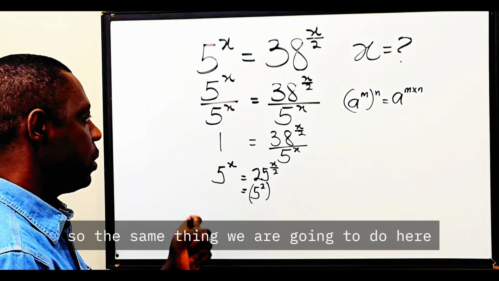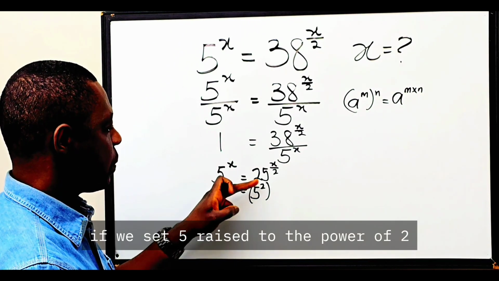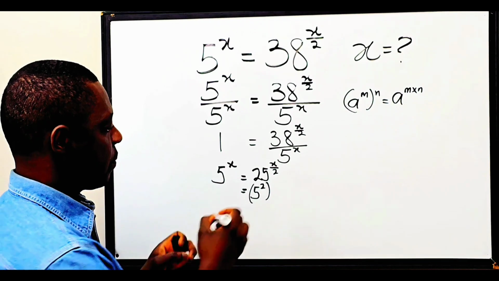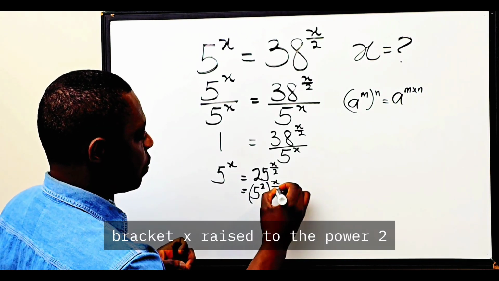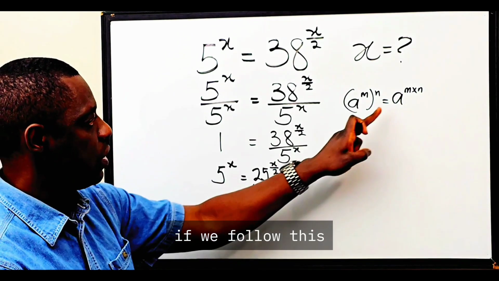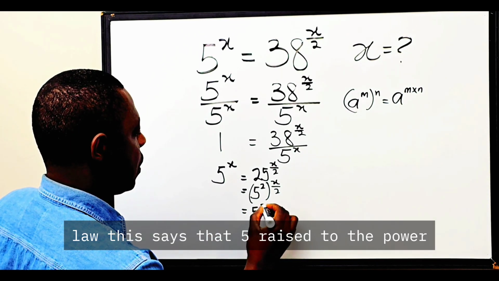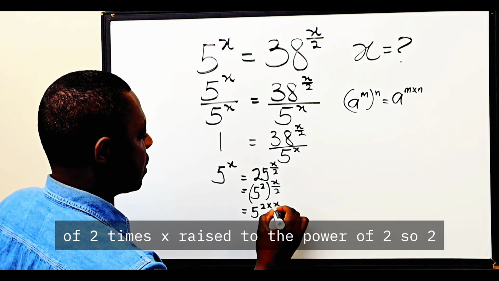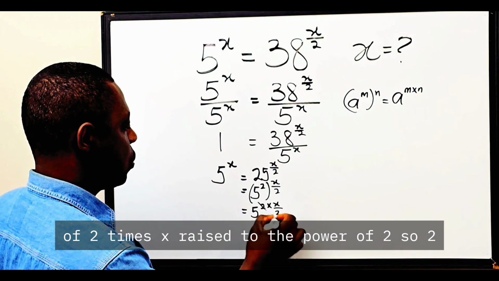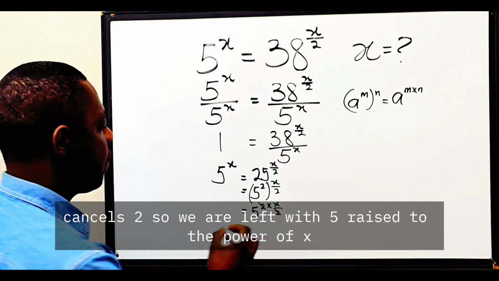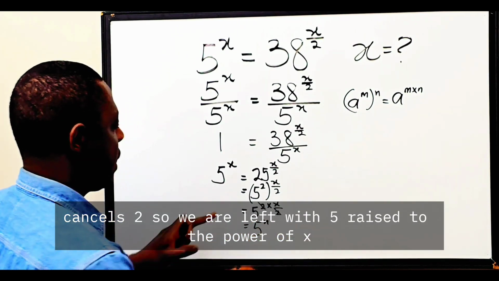So the same thing we're going to do here. If we say 5 raised to the power 2, which is going to be 25, into bracket x raised to the power 2. If we follow this law, this says that 5 raised to the power 2 times x over 2. So 2 cancels 2, so we are left with 5 raised to the power x here.